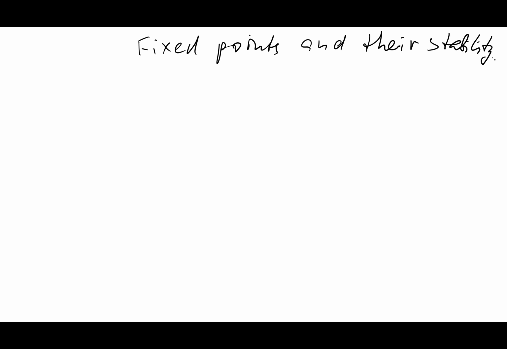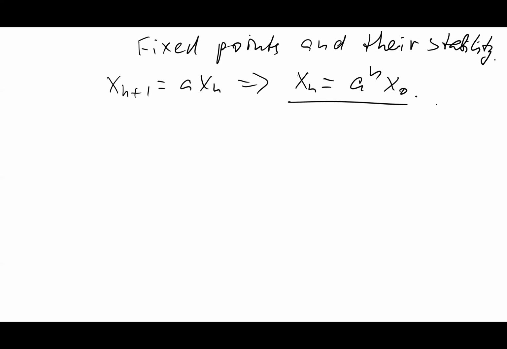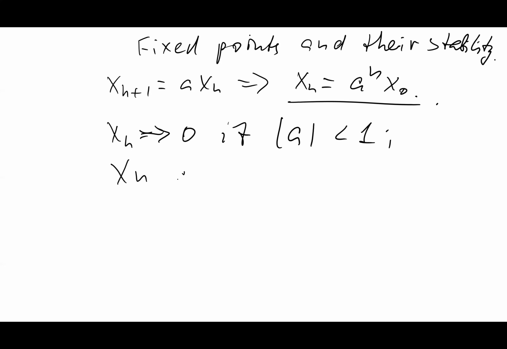So I will get back to this simple example we had, the geometric progression, x_{n+1} equals a x_n. We know that the solution is x_n equals a to the power of n times x_0, and x_n tends to 0 if a by absolute value is less than 1, and diverges if a by absolute value is more than 1.